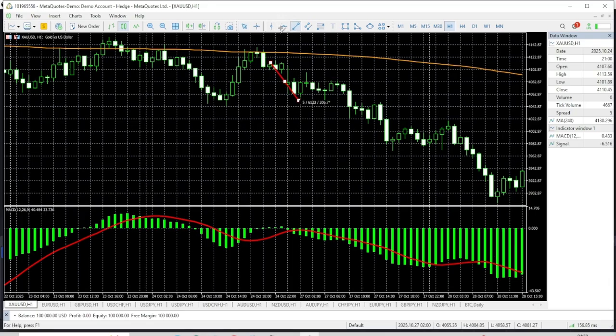Yes, at this point there was a pullback, and then the market came out here. What are you going to do here? We are not going to sell here.